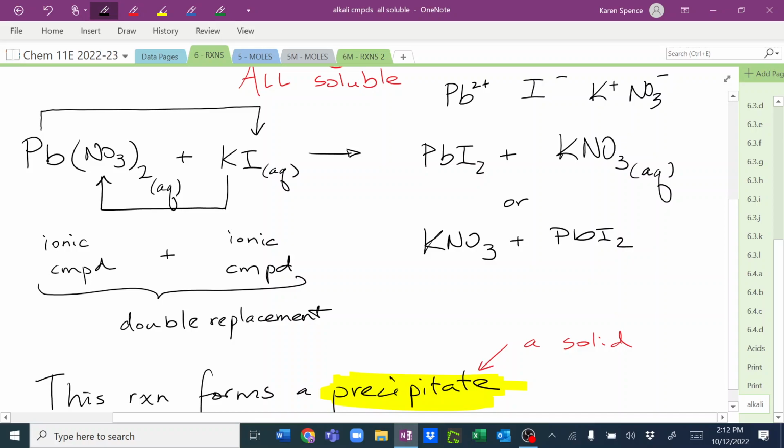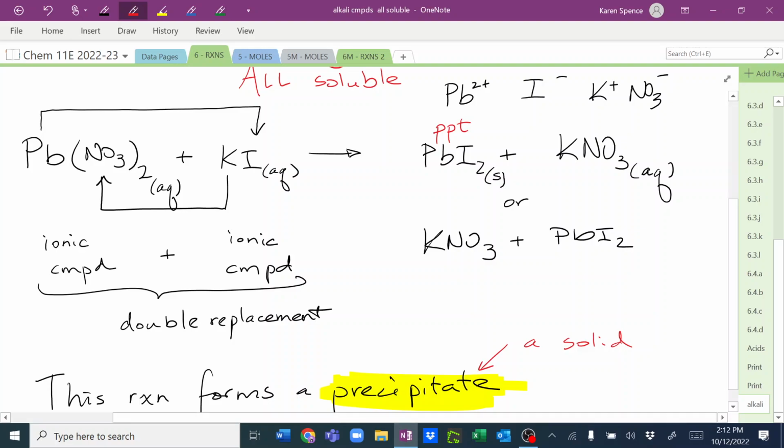So our lead iodide was the solid. That is the precipitate. You can abbreviate precipitate as PPT, because precipitate is really long. Have we balanced this reaction yet? No, we have not.